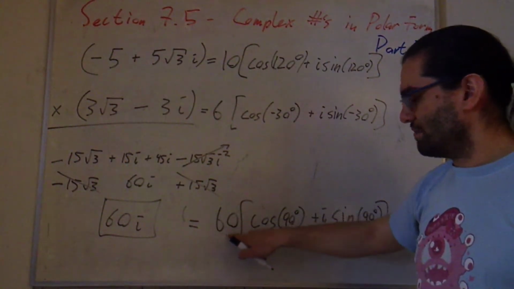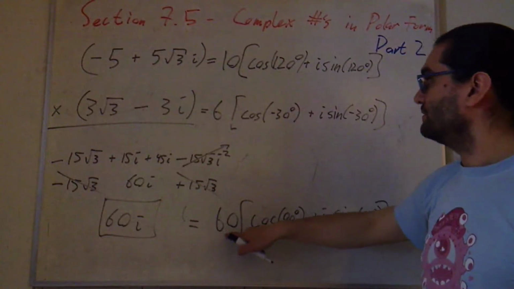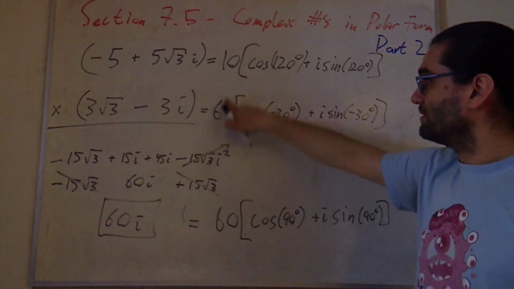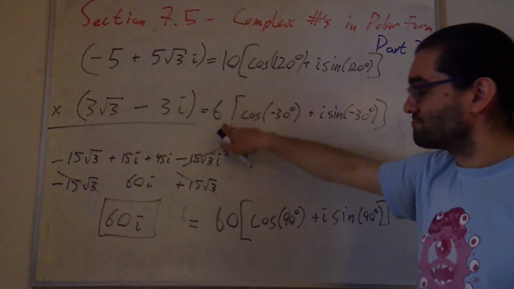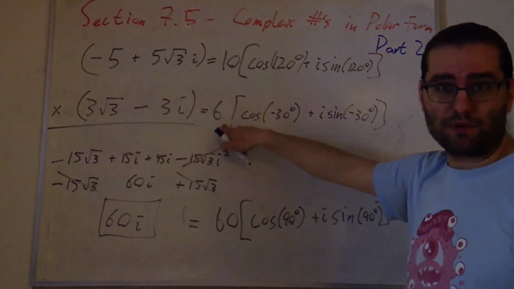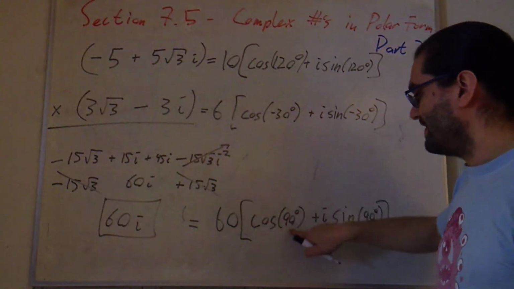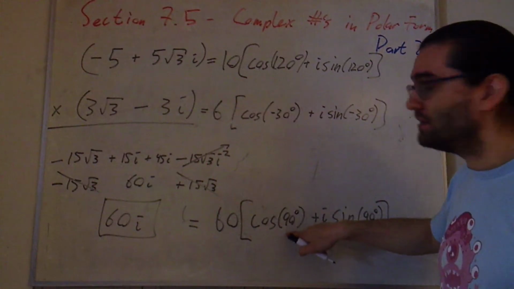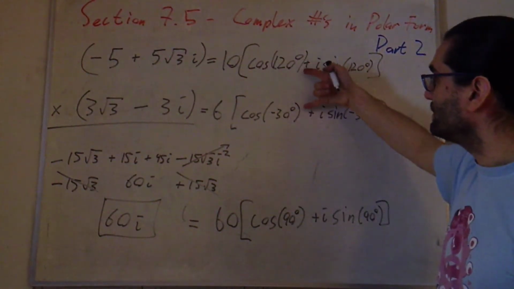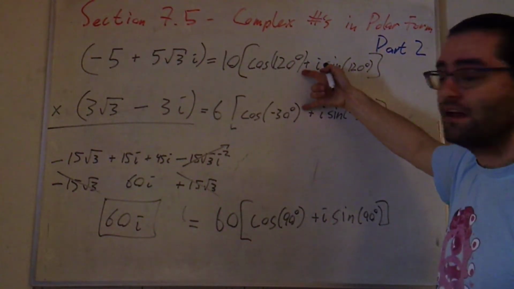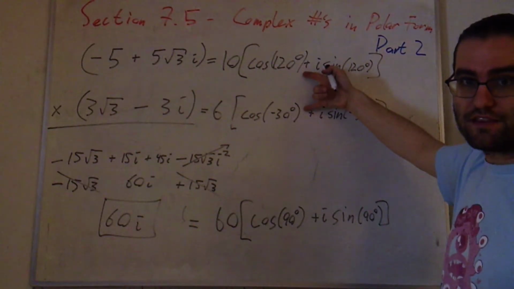What we get at the end of everything is a 60 here, which seems pretty convenient. If I was going to multiply these two things, 60 is what I would want to happen. And the 90 that I get here is also pretty convenient. That's what happens if I just add these two angles.